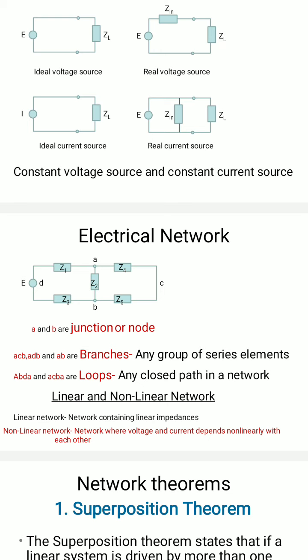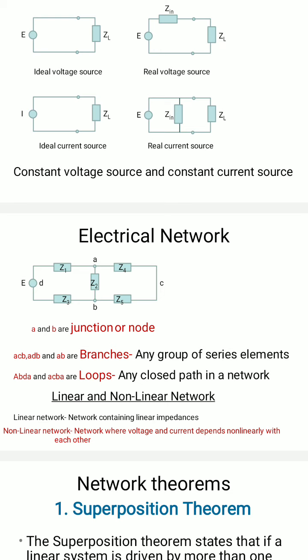We call them a junction or node. They are the points at which different branches meet each other, so they are called nodes or junctions. Now ACB and ADBC.